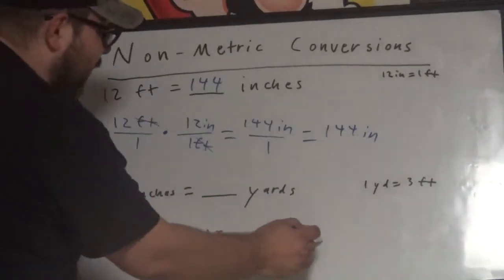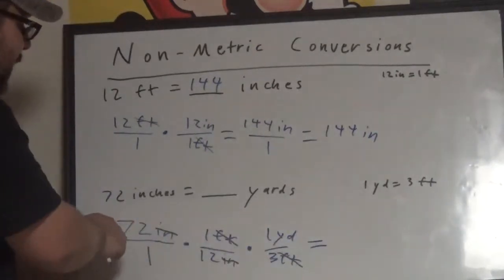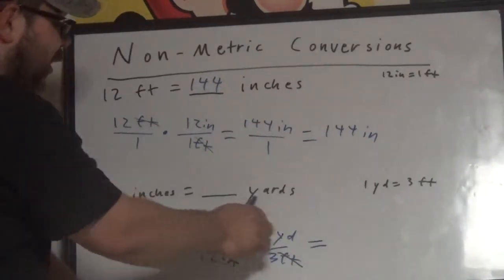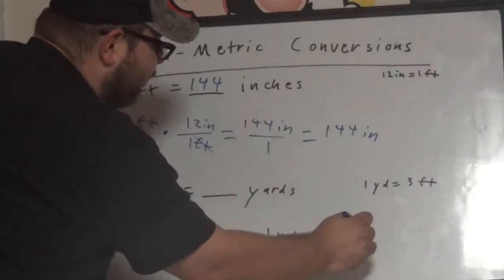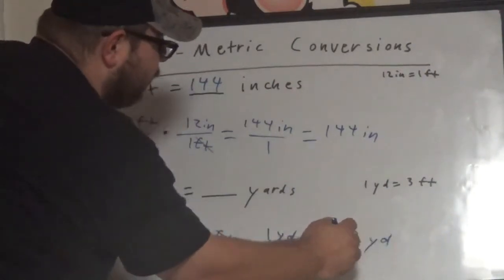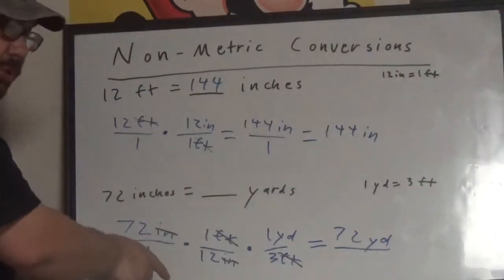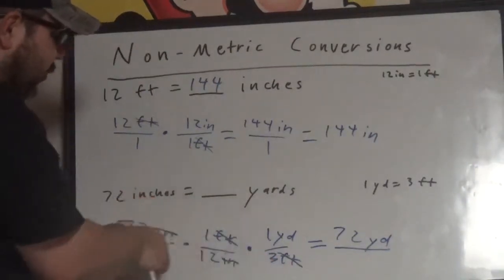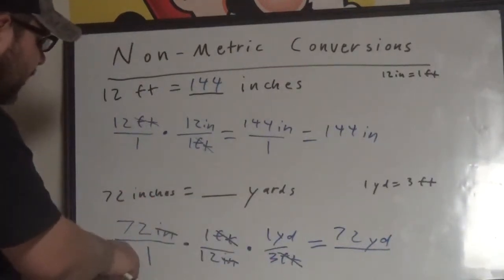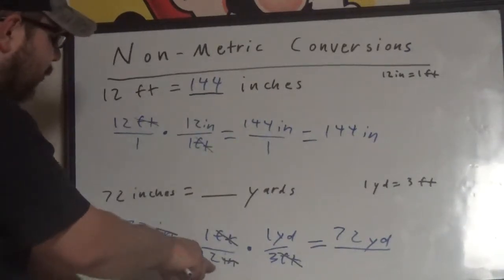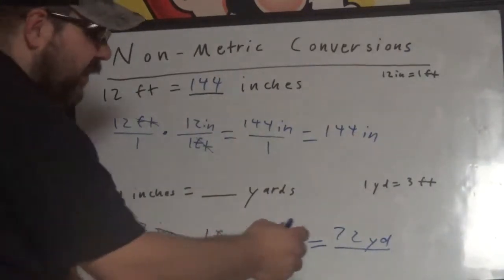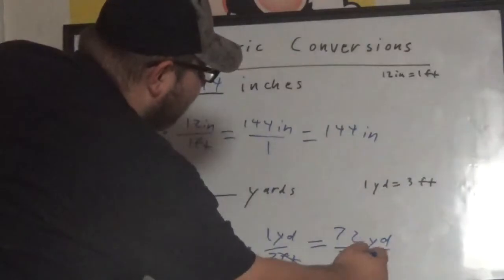So if I multiply this, 72 times 1 is, of course, still 72, and it's 72 yards. And on the bottom, we're just multiplying fractions. Our inches and feet crossed out, so all we have left are constants. 1 times 12 times 3, put that in a calculator, is 36.